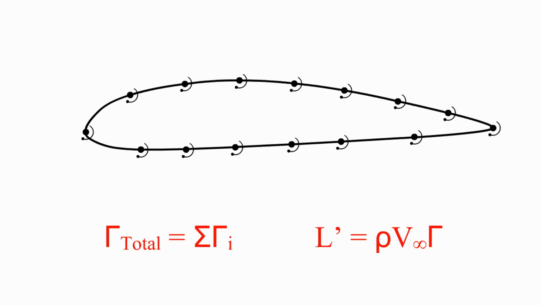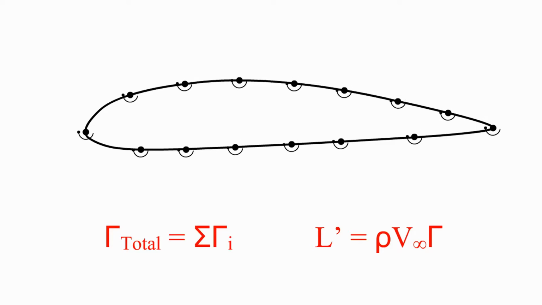The total circulation is just the sum of the circulation of all these vortices. The lift per unit span is then calculated from the Kutta-Joukowski theorem. And if the total circulation has a net positive value, then we have lift. Now, if the total circulation has a negative value, then the force on the airfoil is actually downwards, like you would see with a spoiler.